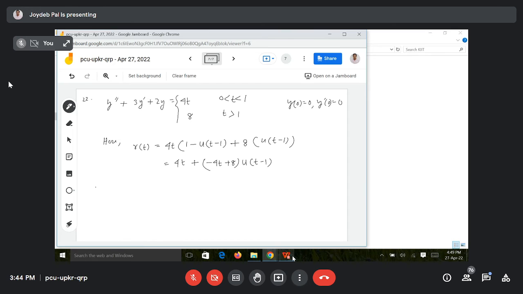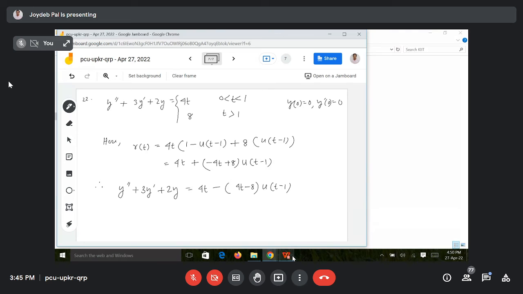Therefore, our ODE is y'' plus 3y' plus 2y is equal to 4t plus (minus 4t plus 8) u(t minus 1), or you can take minus common. If you take minus common, then it will be what? 4t minus (4t minus 8) u(t minus 1).